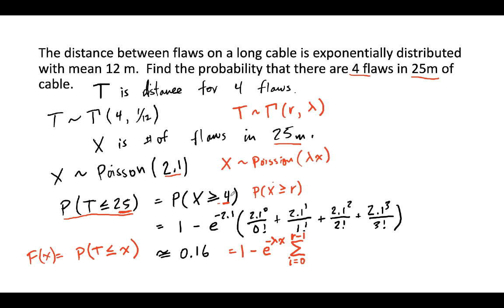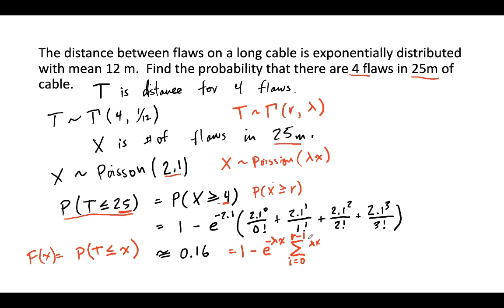We took the complement: the complement of big X greater than or equal to 4 is big X less than or equal to 3, but the 3 just came from subtracting 1, so that's what I did here. And then I just need to write this in terms of i, because this is what I'm using here. Oh, and also the 2.1. Remember, that is lambda x in general.